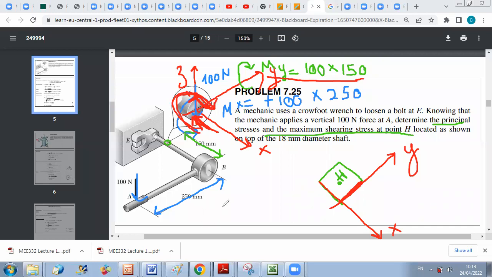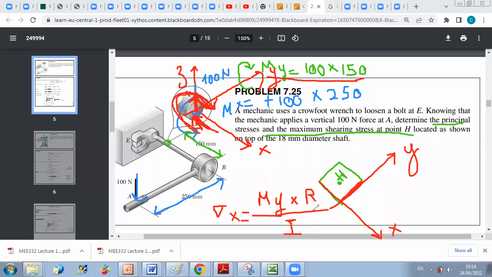So we can say that sigma x is the bending moment My times this distance c, where c is the radius of the circular shaft, so times r over, of course, the second moment of inertia about the y-axis.